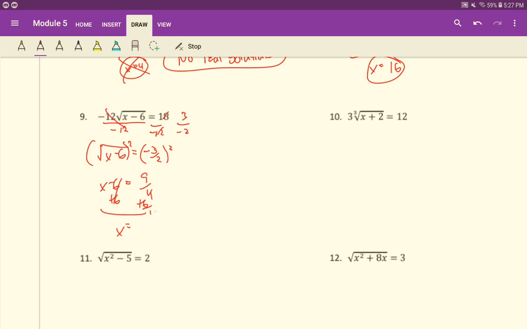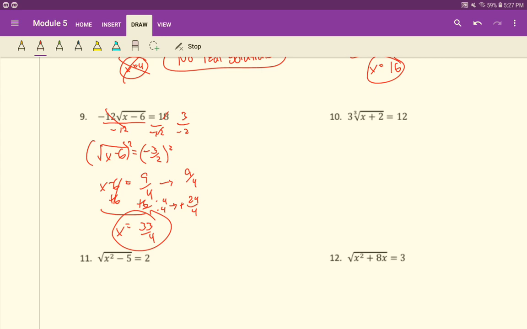So we'll rewrite the 6 as 6 over 1 like this. We'll multiply the top and bottom by a 4. And that becomes then 24 over 4. And this still stays 9/4, and we'll add those together. So 9/4 and 24/4 makes 33/4. And there's our answer. But we gotta check it, right?